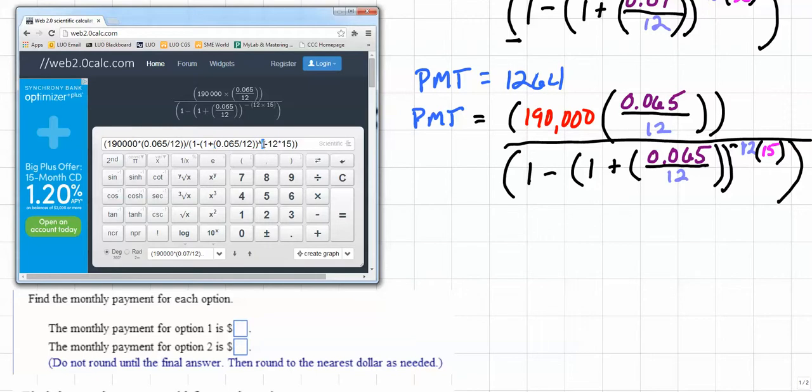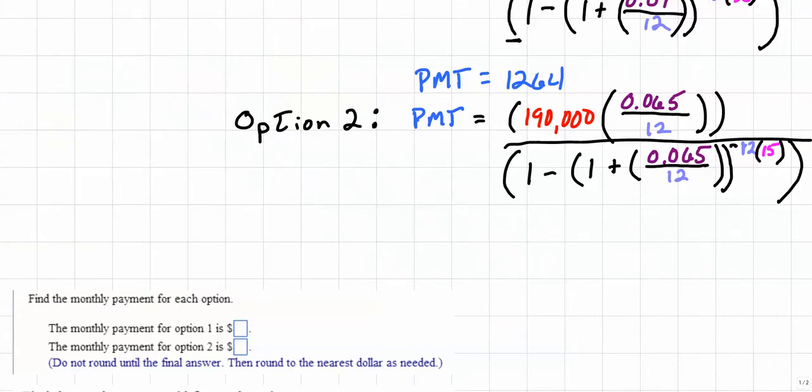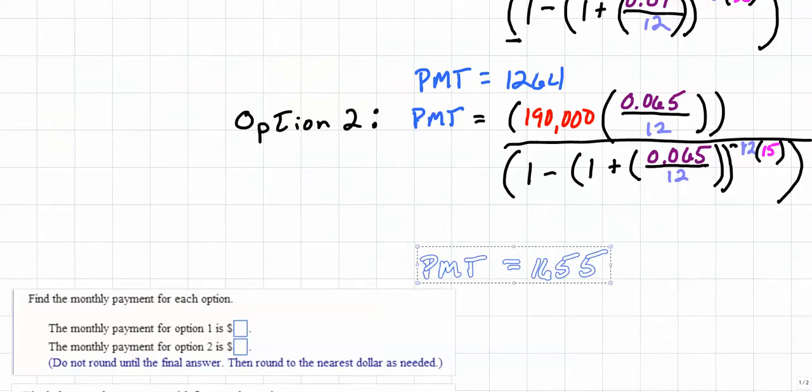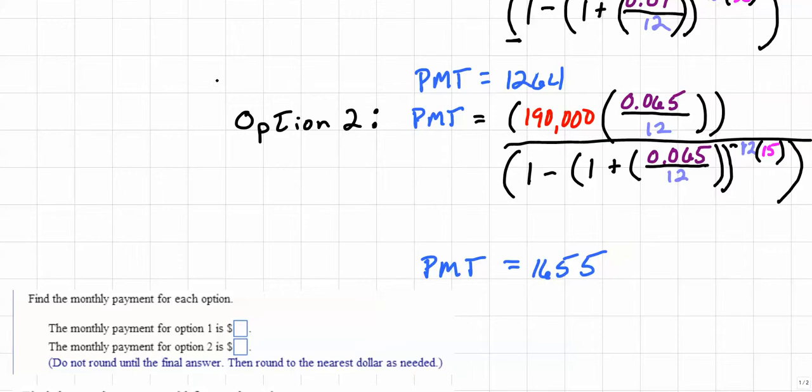I've got a parenthesis here, and its mate is right there. I have a parenthesis all the way out here, and its mate is right there. So I go ahead and left click equals, and I get 1655.103. Once again, we're going for whole numbers for this, so I round that to 1655.